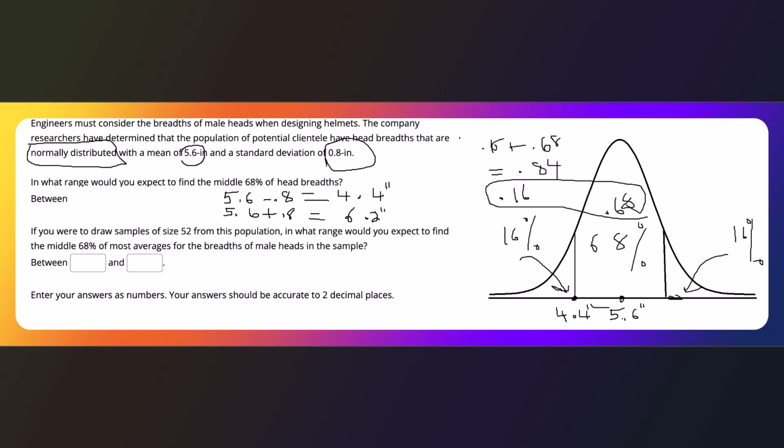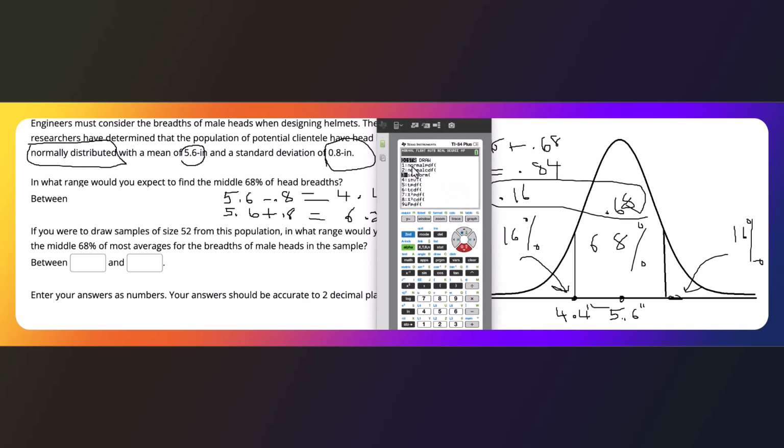Okay, and that will give you the answer. So let's just quickly do that. So I'm going to go to inverse norm. Okay, and then on the left I want my area to be 0.16. Sorry about that. Okay, go to second distribution, inverse norm.